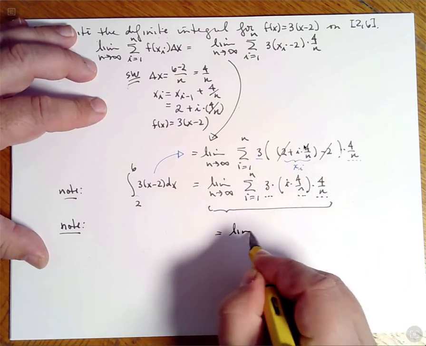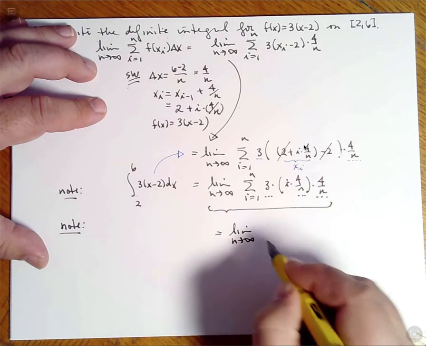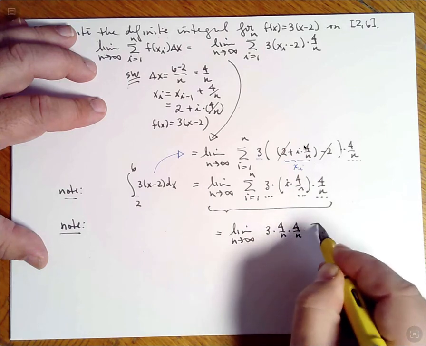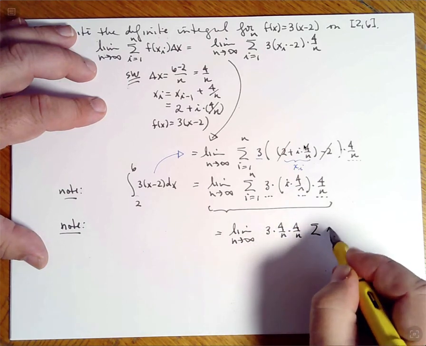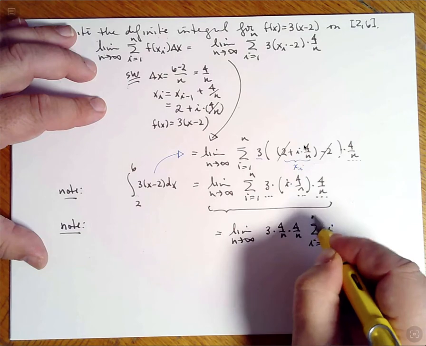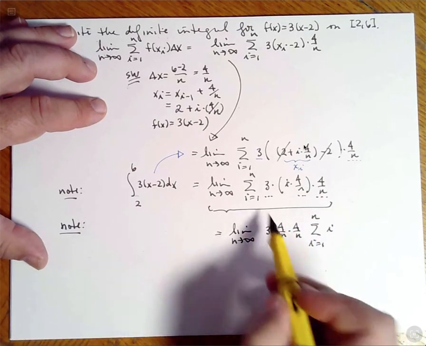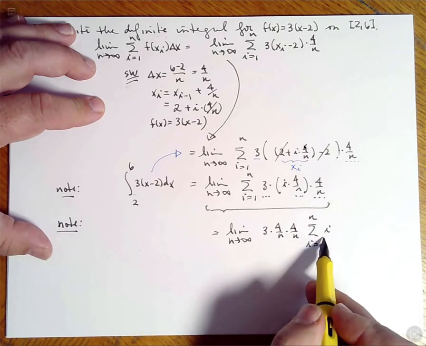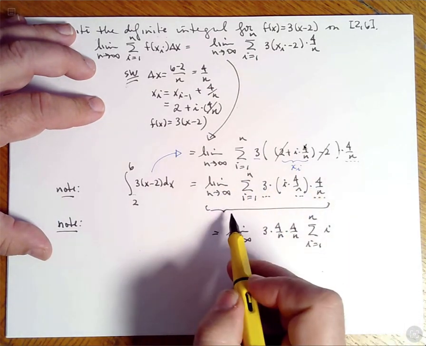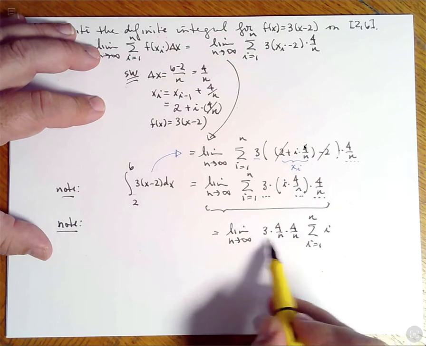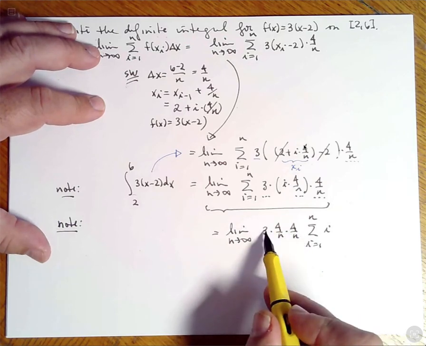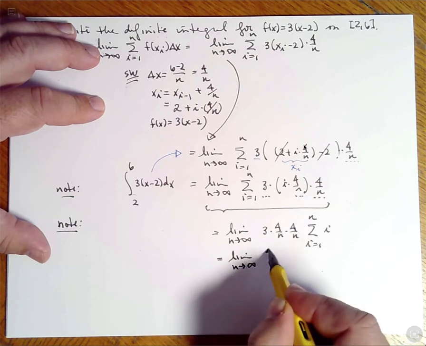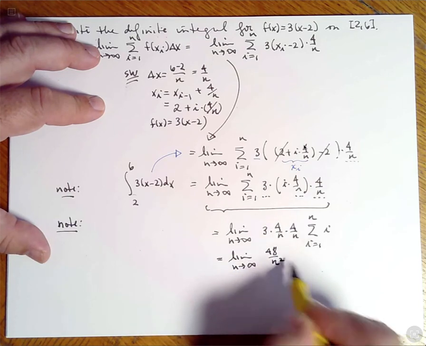And factoring something out of a sum is like pulling it out of the summation symbol. So this is the same as this. I'm just working with the summation sign. So I could simplify this down. I've got a 16 times a 3, which is 48. So I've got 48 over n squared.